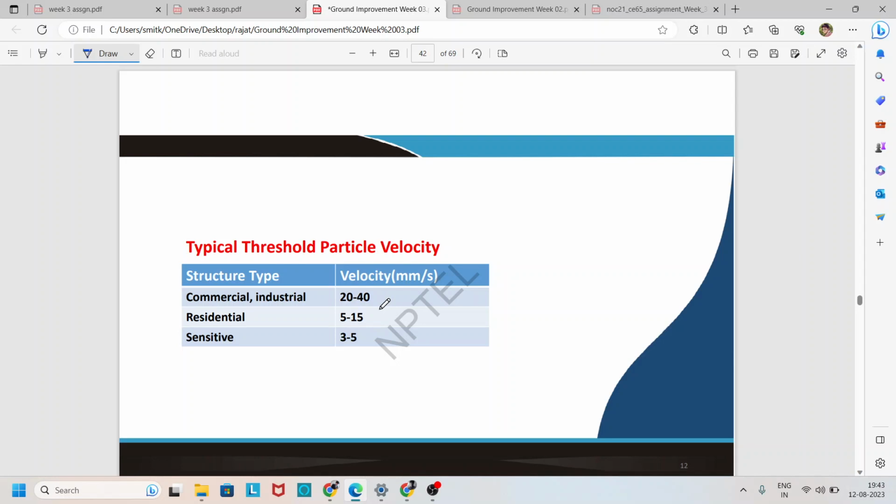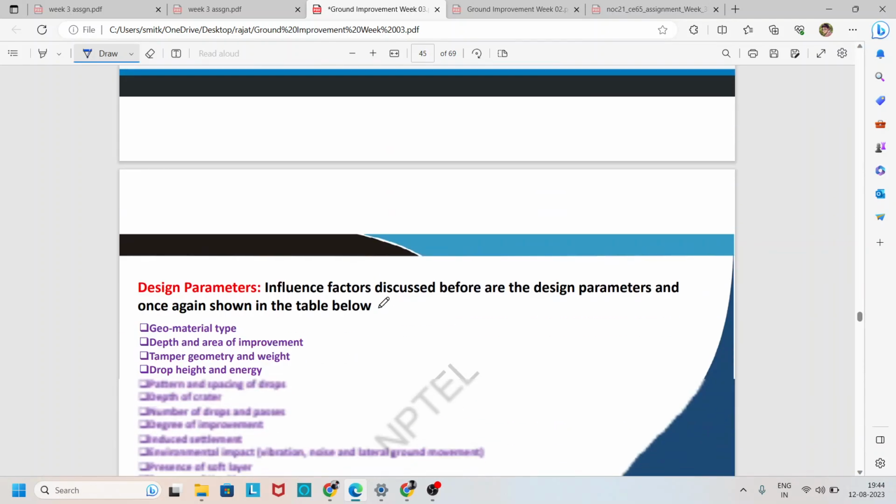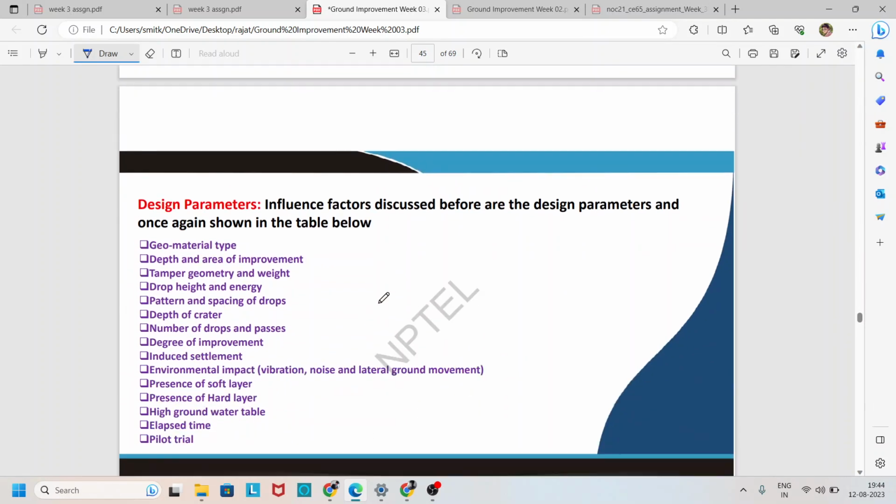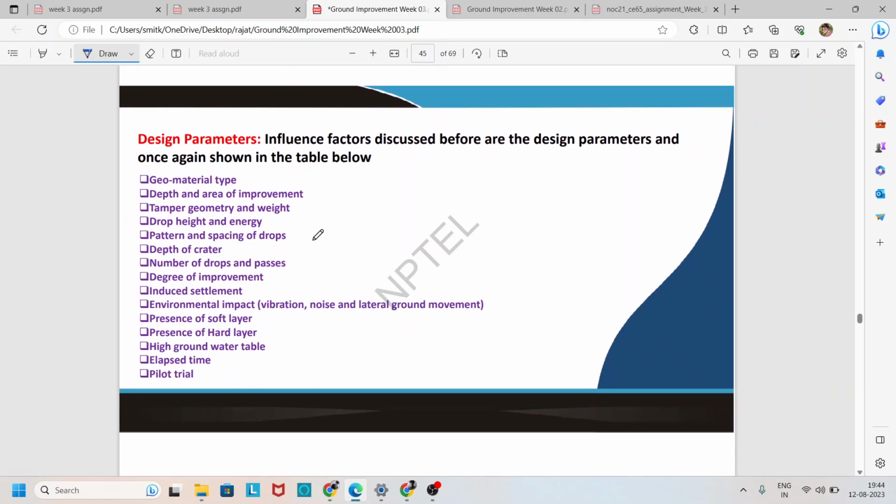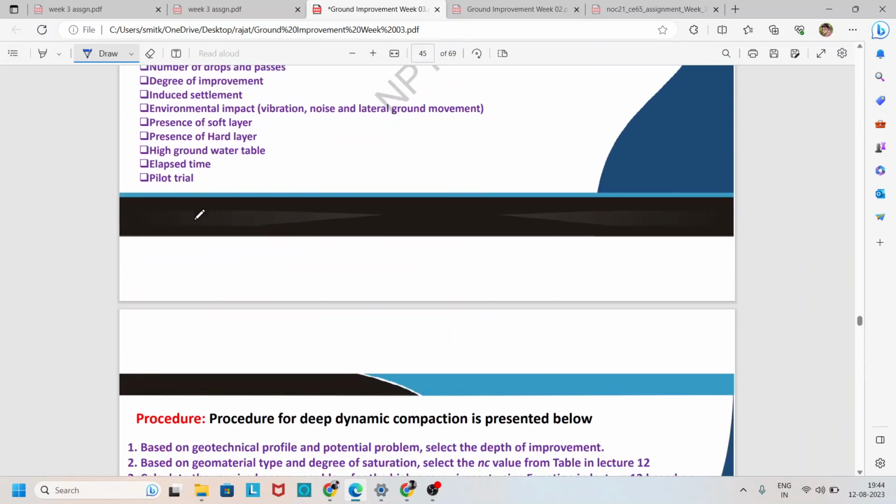That means if the peak particle velocity from the drop of the hammer at a residential building exceeds 40, dynamic compaction is not suitable for that case, because it may damage the nearby structure. But if it is within that range, it is quite suitable, and we can go with this method.